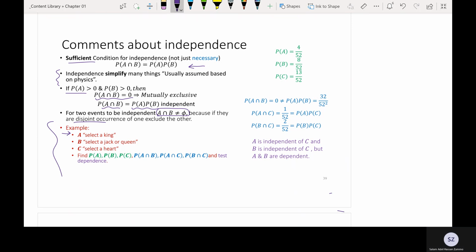Let's write them. Which one of them is independent? Are A and B independent? Can you select a king and at the same time a jack or a queen? Sorry, if you select a king, is it possible that you select a jack or a queen? One excludes the other. What about the king and the heart? It can be king and heart.